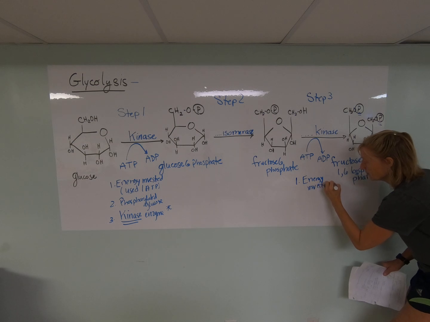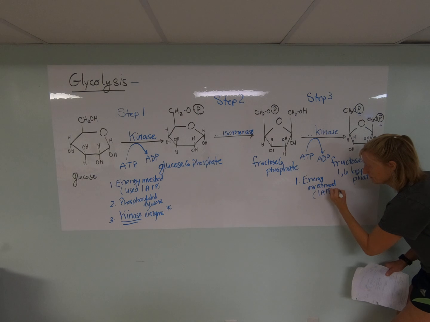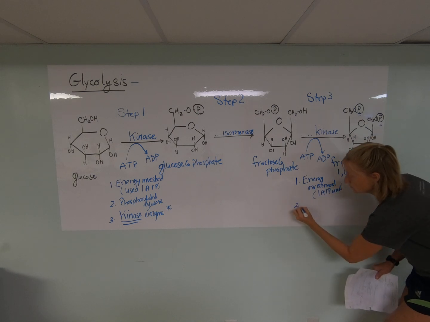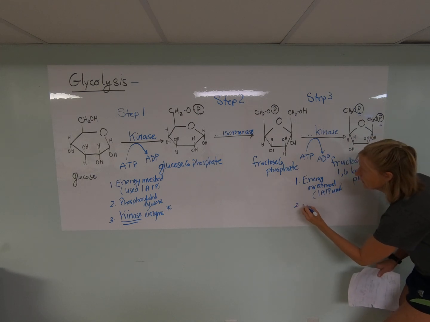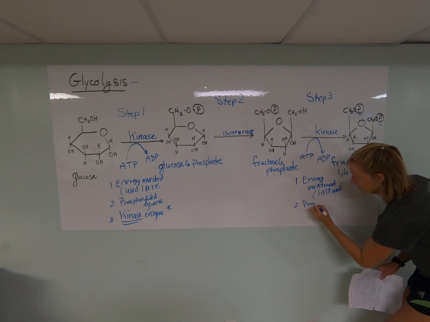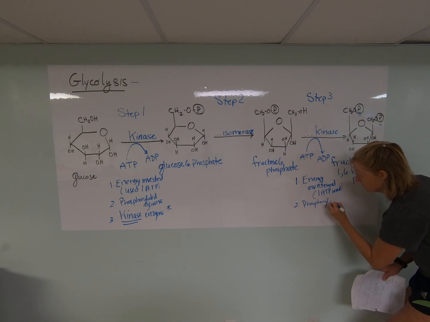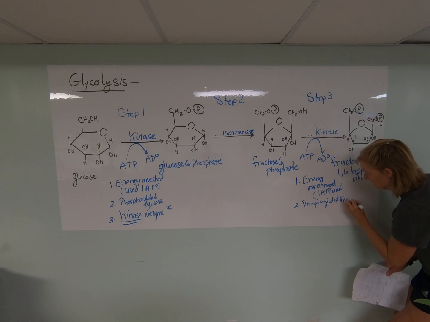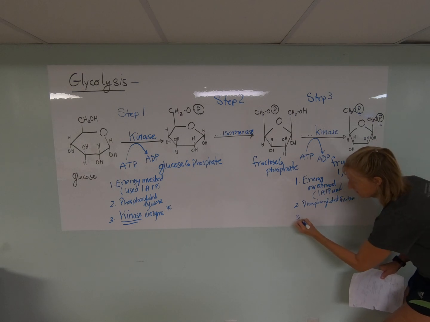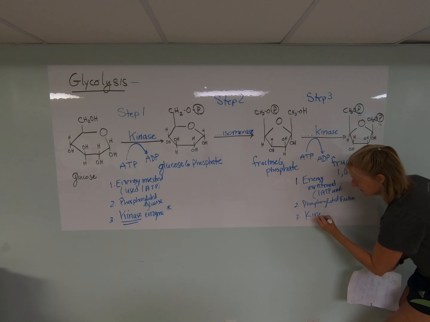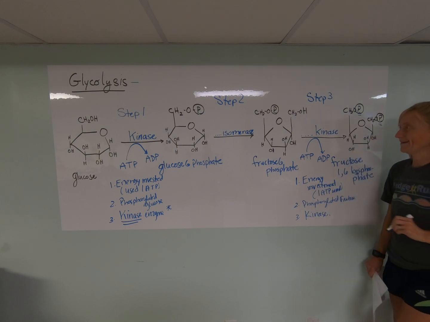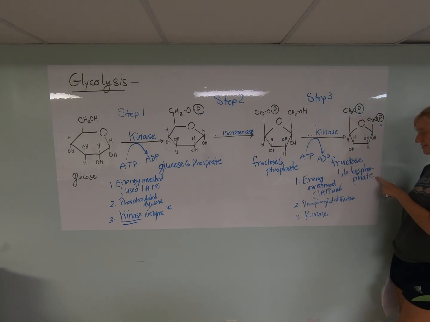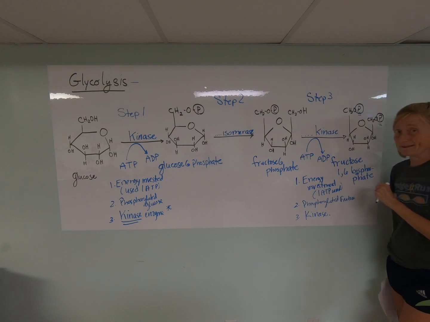So another ATP has been used, 1 ATP used. Second, we phosphorylated fructose again. That's such a weird word, huh? And we used a kinase enzyme. Okay, what's going to happen to fructose 1,6-bisphosphate? We'll find out in the next video.